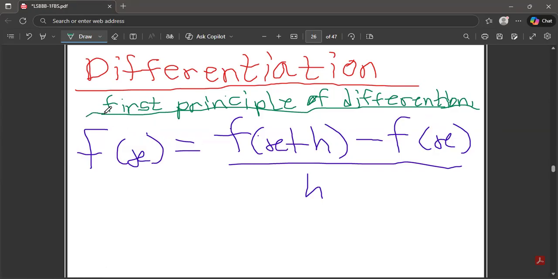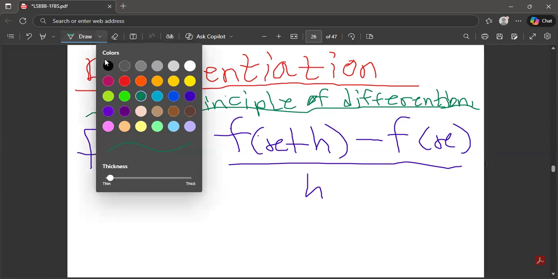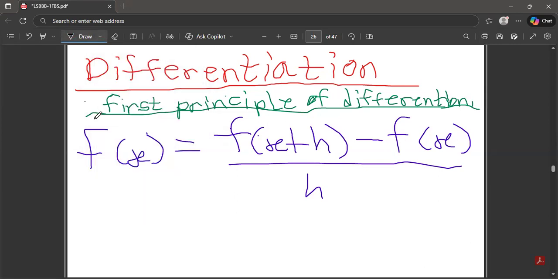Yes, sir. Differentiation. Let me first say the meaning. The meaning of differentiation is a fundamental concept in calculus.